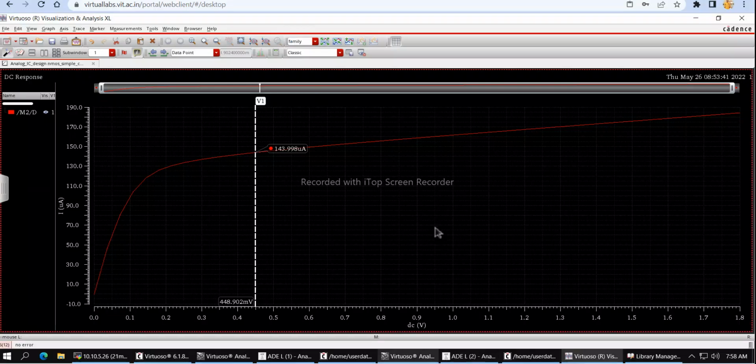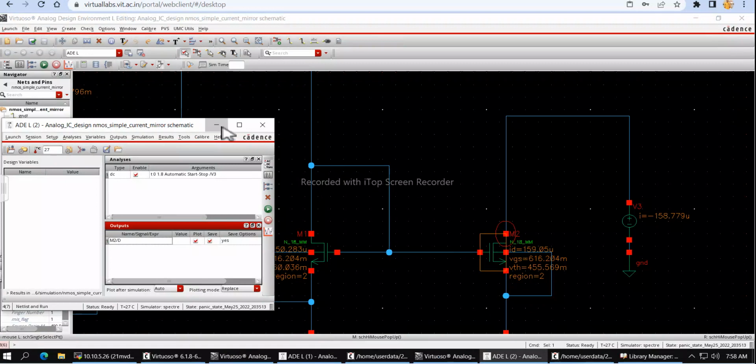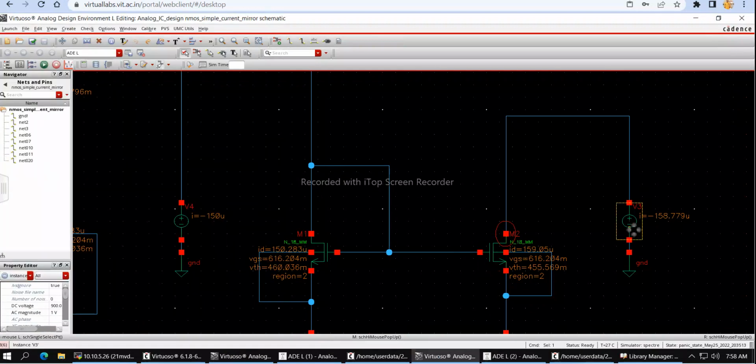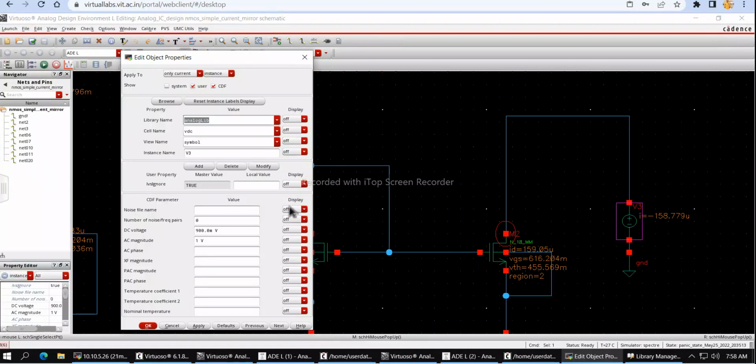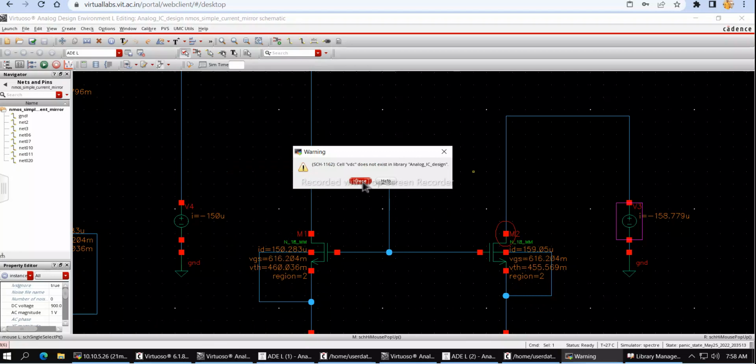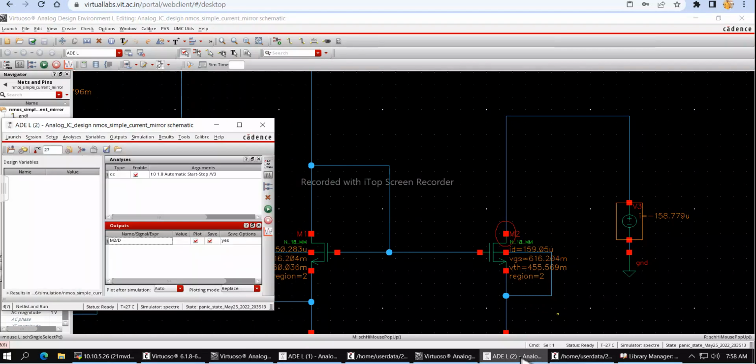Now we shall do the same in the tool. So how shall we give that 1 volt? We shall give it by setting the AC magnitude, because we are finding the output resistance in the small signal model. So we are setting this AC magnitude as 1 volt. And we have to plot the current that is flowing, that is the drain current of M2.